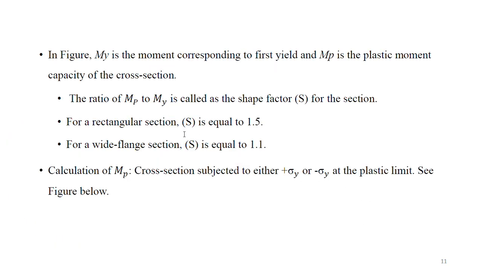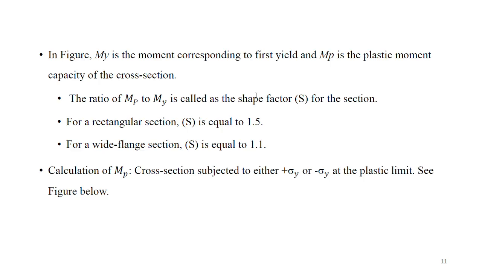Okay, as shown in the figure, My is the moment corresponding to the first yield and MP is the plastic moment capacity of the cross section, the maximum moment capacity of the cross section. The ratio of these two, plastic moment to the yield moment, is called the shape factor. And one more thing, plastic moment will always be more than the yield moment in all cases.